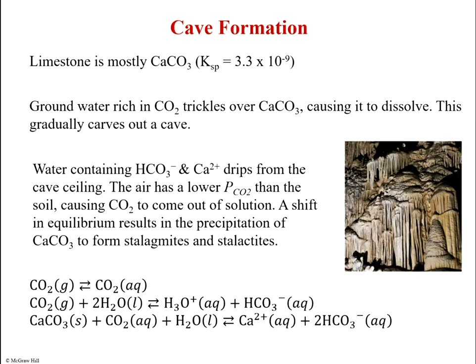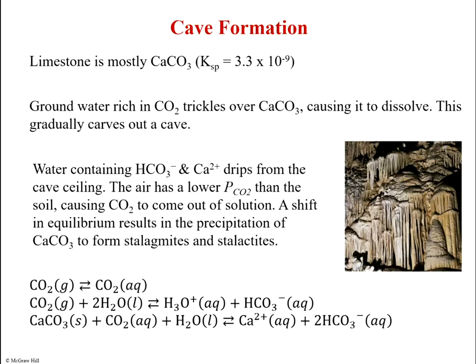Now, when water that contains bicarbonate and calcium drips from the top of a cave, the air into which the water is dripping has a lower partial pressure or concentration of carbon dioxide than the soil does. So that causes some of the carbon dioxide to come out of solution into the air, and that shifts the equilibrium.